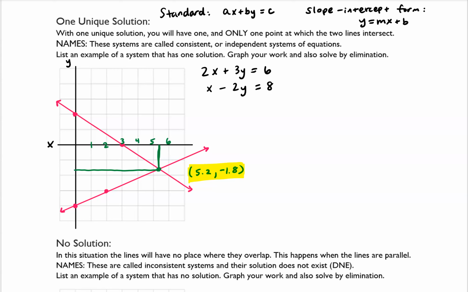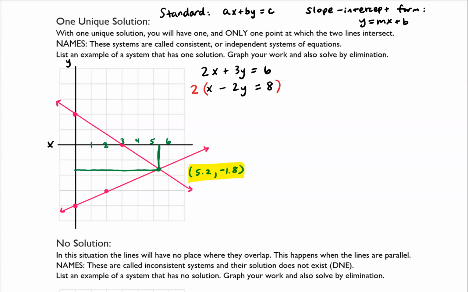Now, before we can add or subtract, we need to make sure that the coefficients for one of the variables is matching, so that when we either add or subtract them, one of the variables is going to be eliminated. Now, if we added or subtracted the 2 equations together as is, neither of the variables are going to be eliminated. So I'm going to take this second equation and multiply the entire equation by 2.